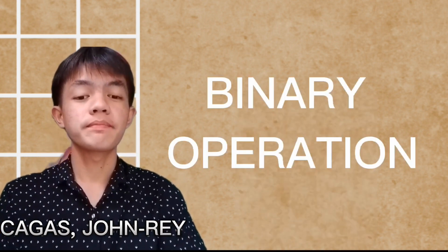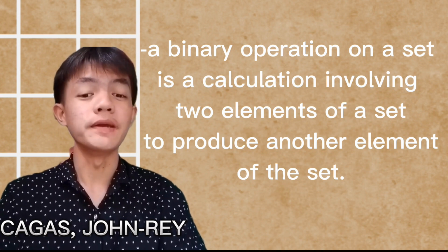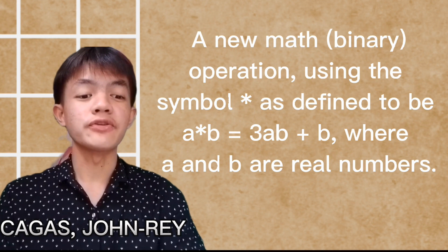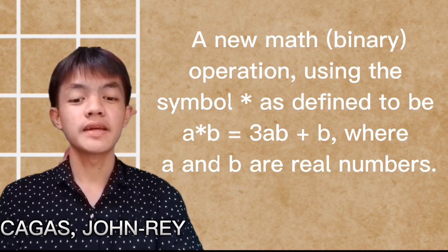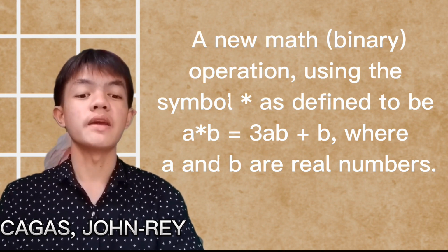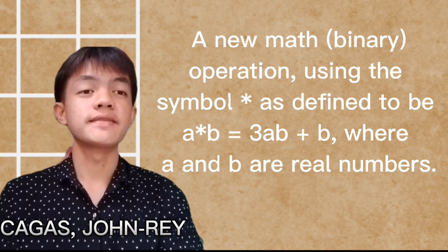Binary operation. A binary operation on a set is a calculation involving two elements of a set to produce another element of the set. A new math binary operation using the symbol star is defined to be A star B equals 3A plus B, where A and B are real numbers.